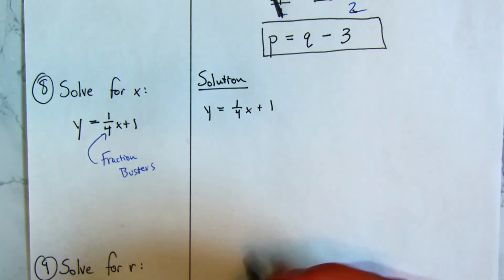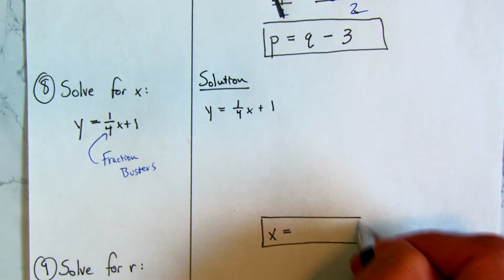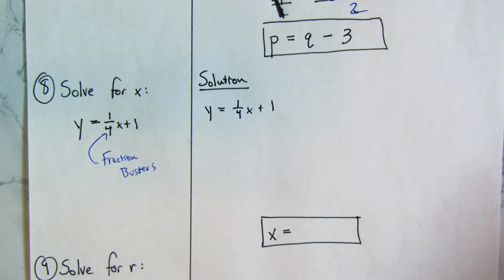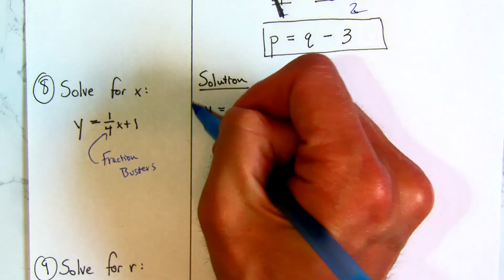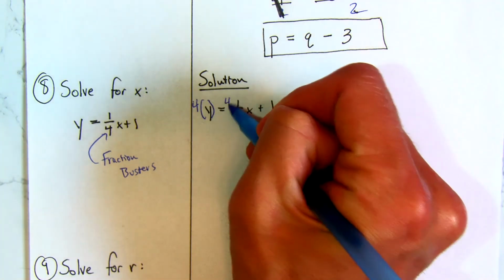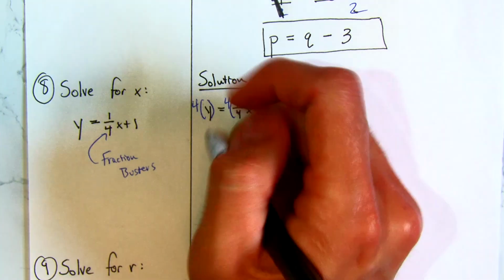Since we're solving for x, we're going to want to have our answer x equals something. Alright, so we have a fraction. There's a 4 on the bottom, so let's multiply everything by 4. 4 times y is just 4y.